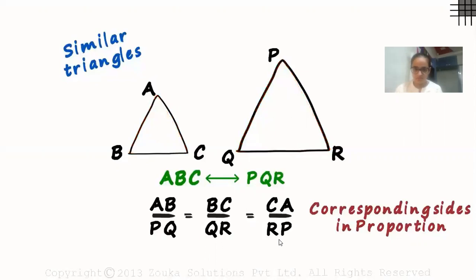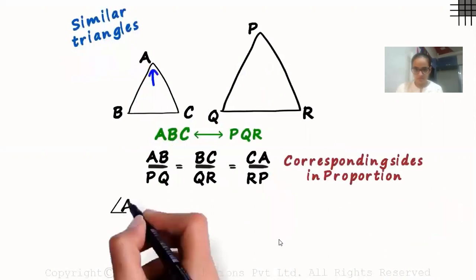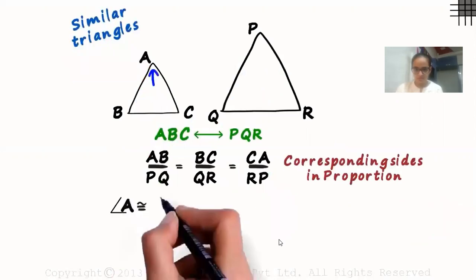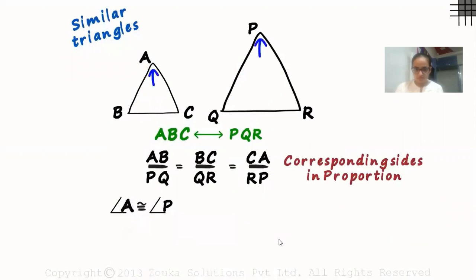Based on the correspondence of vertices, angle A corresponds to angle P, angle B corresponds to angle Q, and angle C corresponds to angle R. So angle A will be congruent to angle P. This can also be written as measure of angle A is equal to measure of angle P. It means if we take a protractor and measure these two angles, they will be equal.